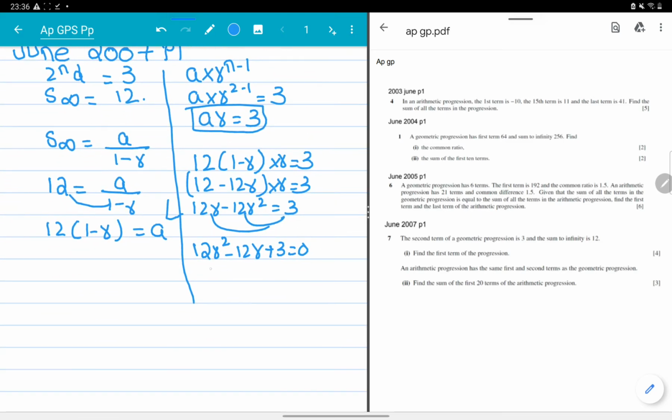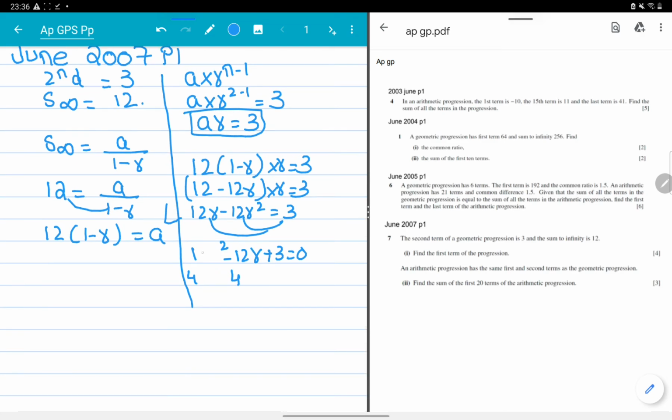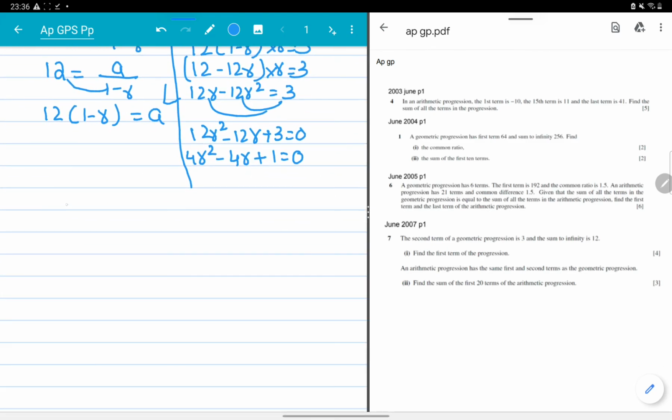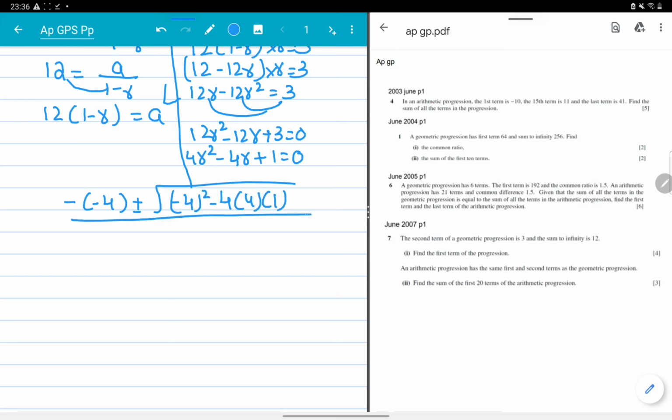Okay, now we can take 3 common here, so it will be 4r square minus 4r plus 1. We can't do middle term break here, so we'll use the quadratic formula, which is minus b plus minus root of b square minus 4ac, over 2a.